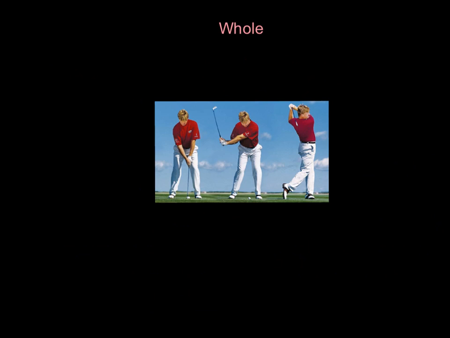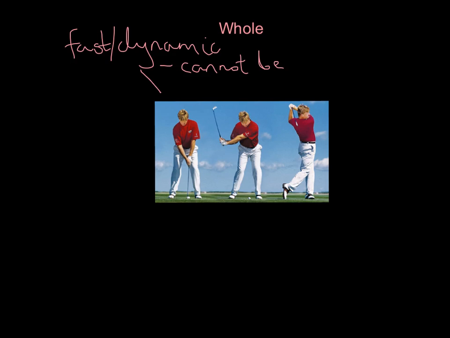Right, so classic example of when to use the whole practice method is when you've got a skill such as a golf swing. These are skills that are fast or dynamic, i.e. cannot be broken down. I can't do a whole part whole or a progressive part routine if I can't break the skill down.